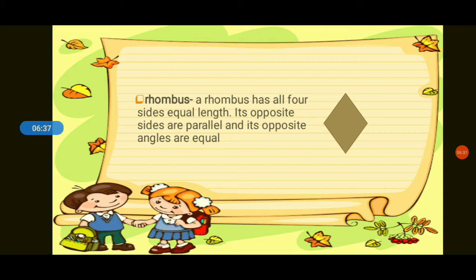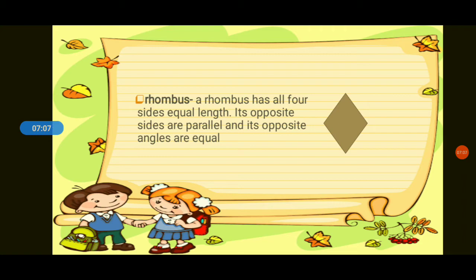Okay, so those are the different kinds of quadrilateral. First, we have the square, and then the rectangle, and then the trapezoid, the parallelogram, and the rhombus. Now, everyone, please draw a square in your notebook. Very good.